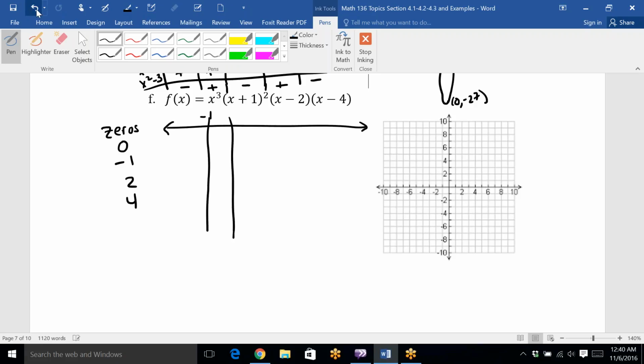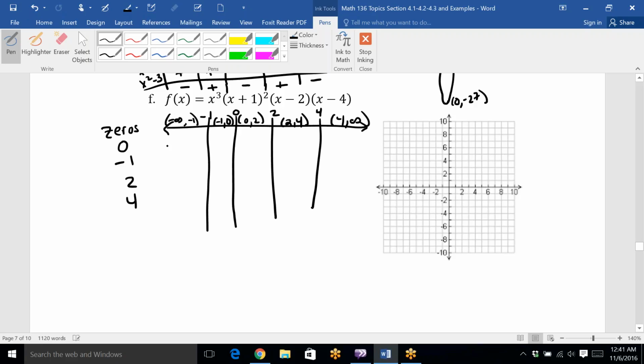Oop, that was not enough space. 0, 2, and 4. Intervals would be negative infinity to negative 1, negative 1 to 0, 0 to 2, 2 to 4, and 4 to infinity.